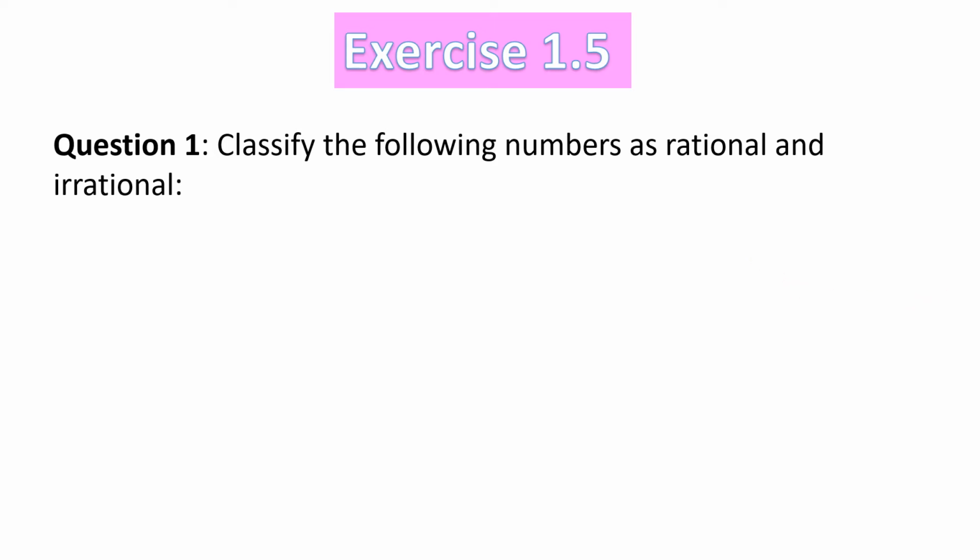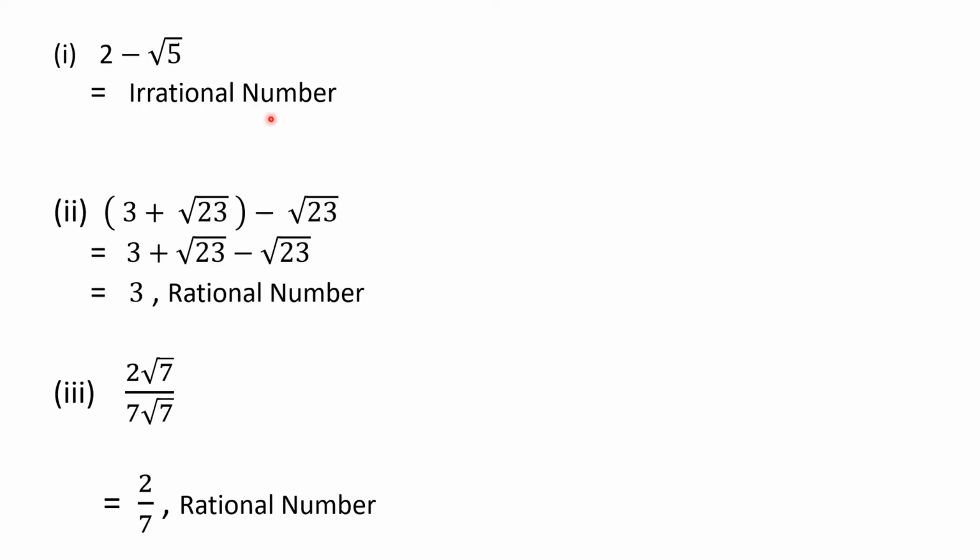So we have to look at the numbers and identify whether they are rational or irrational. Okay, let's see. First question, 2 minus root 5. Now look at this, root 5 is irrational. We know that, right? Because we have studied in the previous videos how to identify.